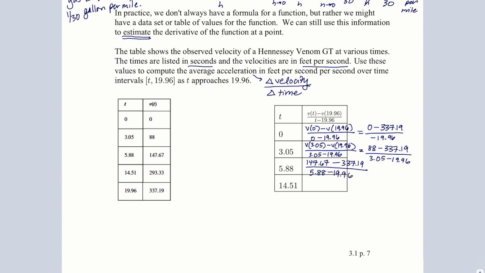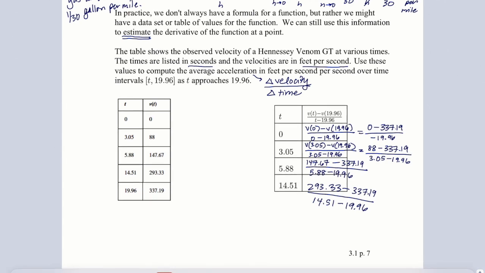And the last one, we'll take the velocity at 14.51 seconds, which was 293.33 minus the velocity at 19.96. And divide that by the change in time.